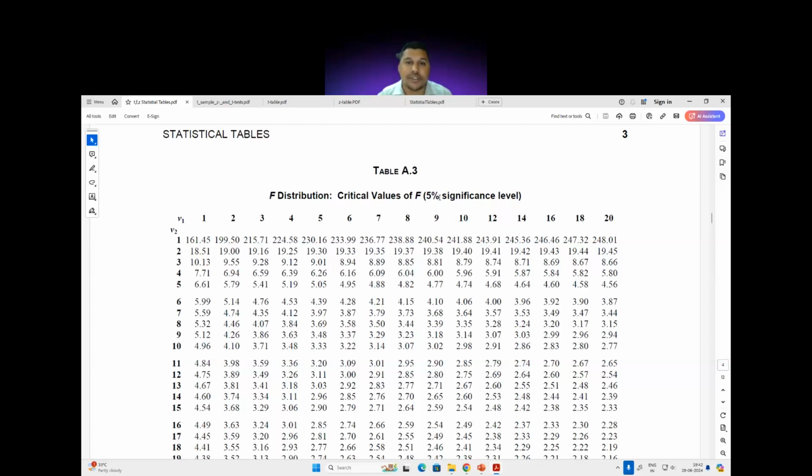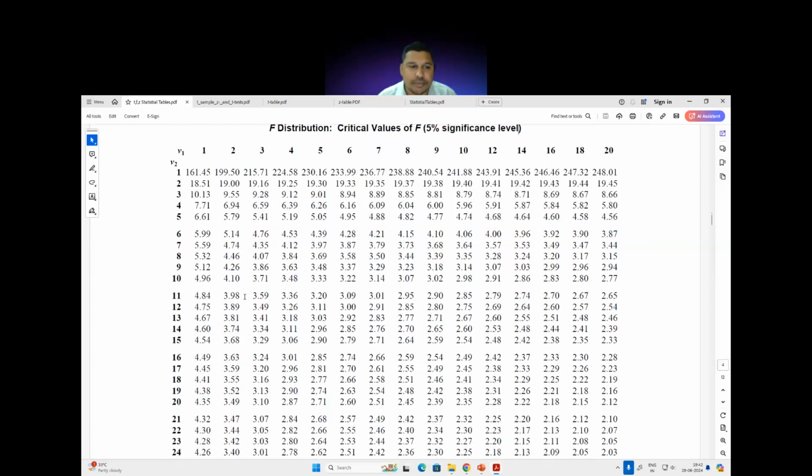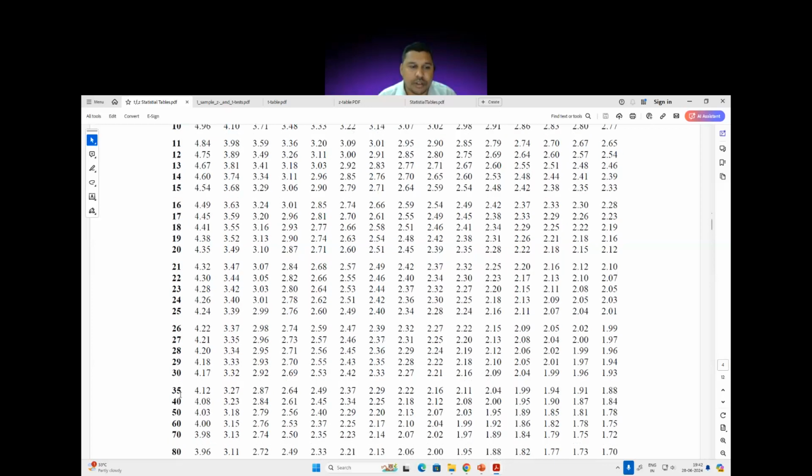This is the F table at 5% significance level, which means 95% confidence level. V1 and V2 are the degrees of freedom. For us, V1 is 40.